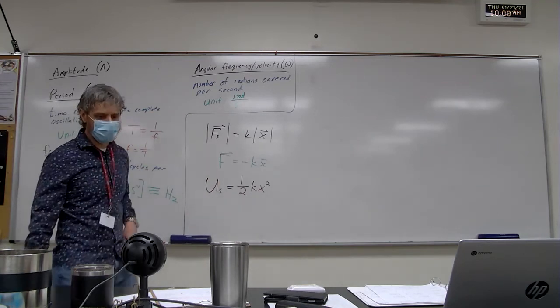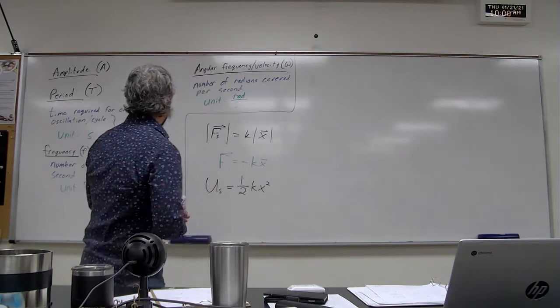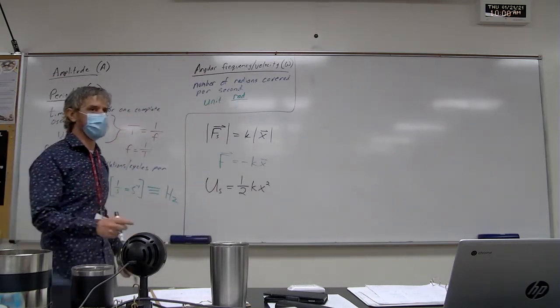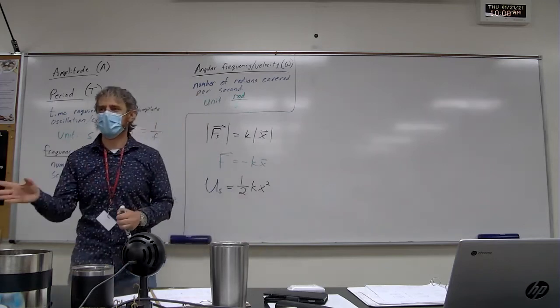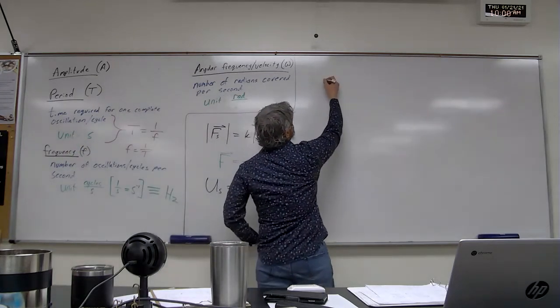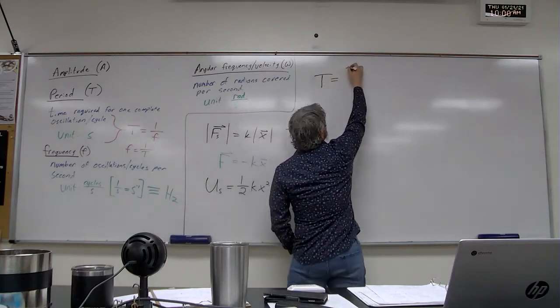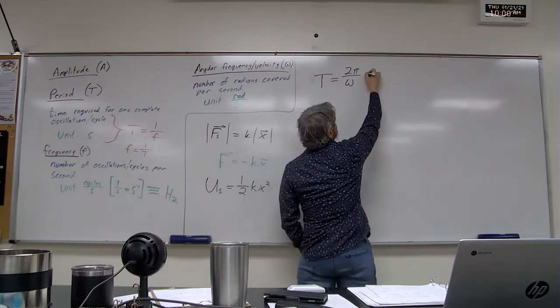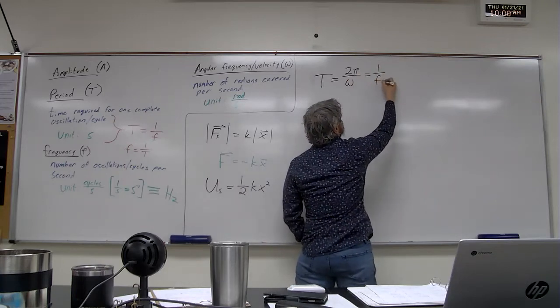Those are the two we already know. And we know that the period and the frequency are inversely related, but the formula sheet shows the relationship between period, frequency, and angular frequency. It looks like this: period T equals 2 pi over angular frequency, which equals 1 over the frequency.